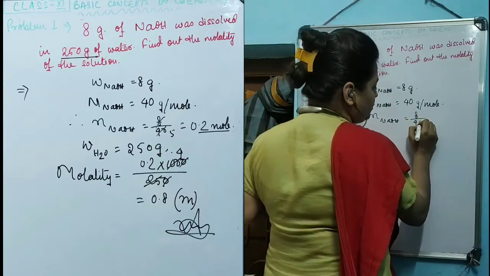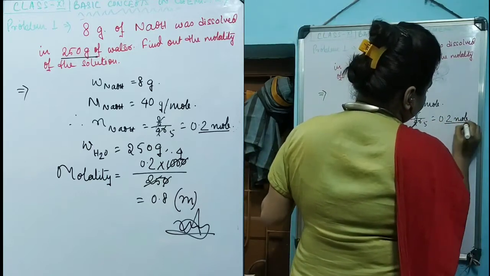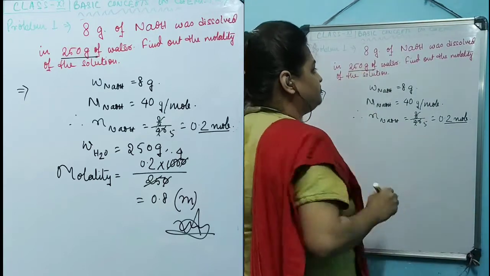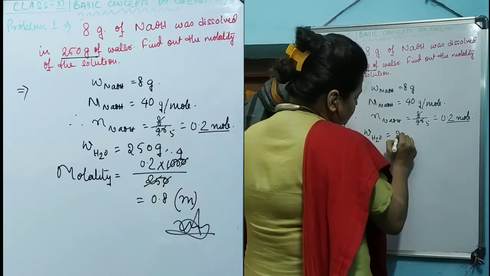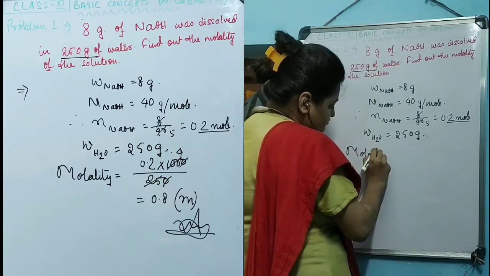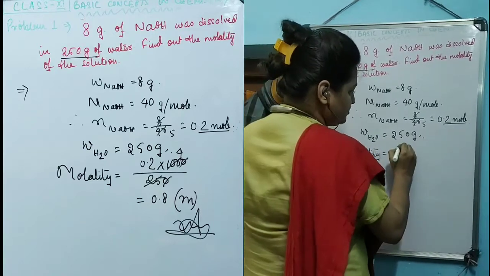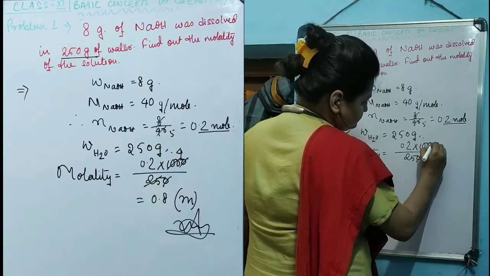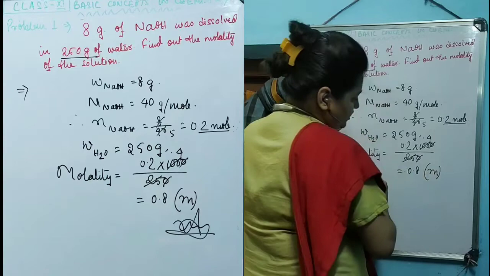So 8 by 40 is 1 by 5, which is nothing but 0.2 mole. This is the mole number of the NaOH that has been dissolved in the 250 gram of water. Therefore, the mass of water is 250 gram, and molality will be 0.2 multiplied by 1000 divided by 250, which is 0.8 molal.